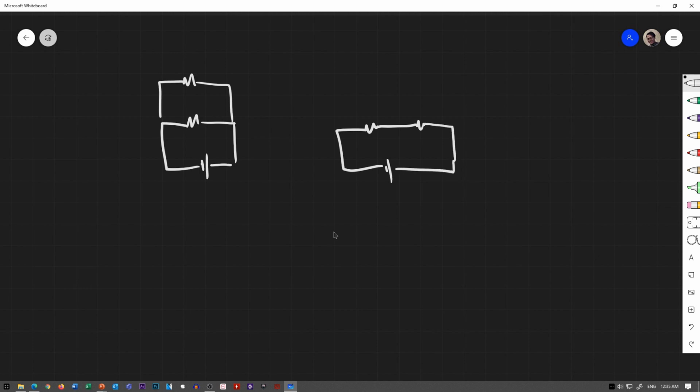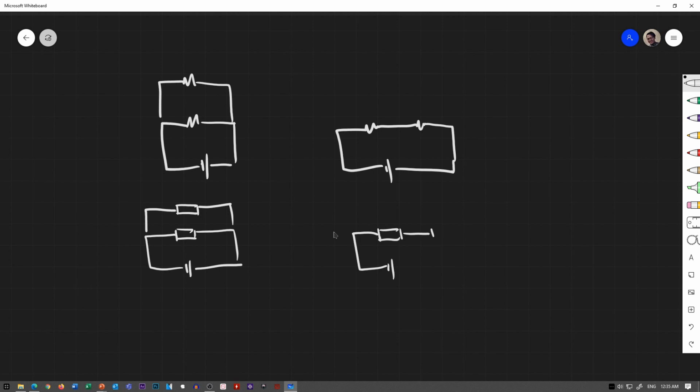Okay, that involves resistors, but you can rewrite it like this. Some of your teachers might utilize this convention, which is fine as well. So they're the same. Okay, so resistors, as you can see, I have written it like this earlier. You can write it like that. There you go.